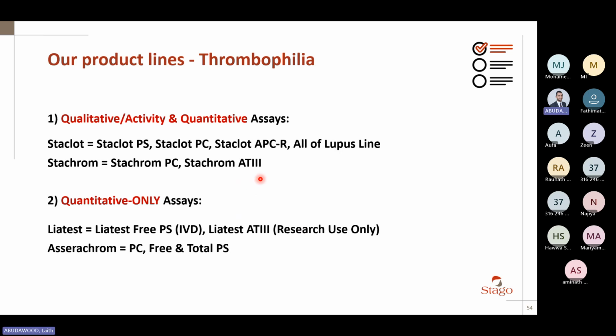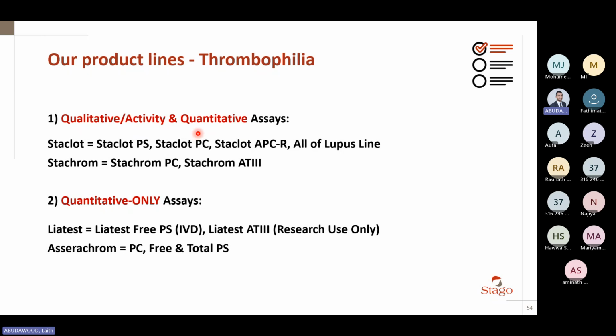Now, when we are working with thrombophilia, we have to make a very important distinction. We have something called qualitative or activity assay, and we have something that is only quantitative assay. So we have assays that check the function or the activity of the protein, and at the same time, they tell us you have this much of the protein C or protein S or antithrombin.